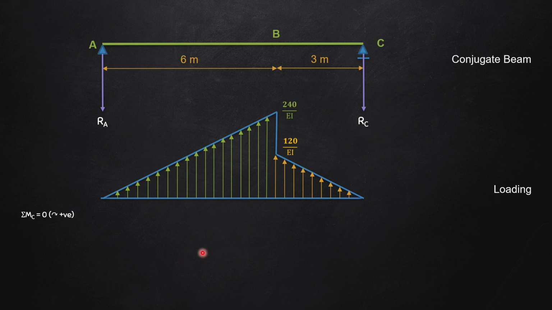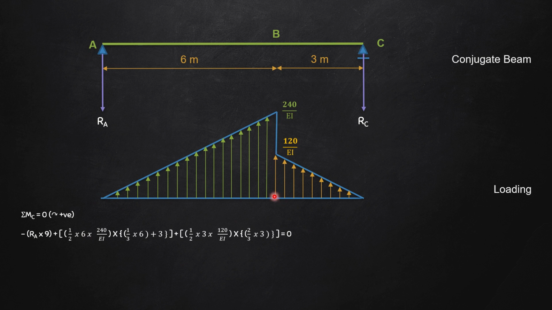So let's see one by one. The first one is minus RA multiplied by 6 plus 3, that is 9, minus RA into 9, plus half into base into height, that is half into 6 into 240 divided by EI, multiplied by, please see, the CG of this triangle.